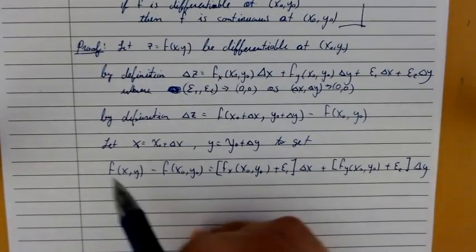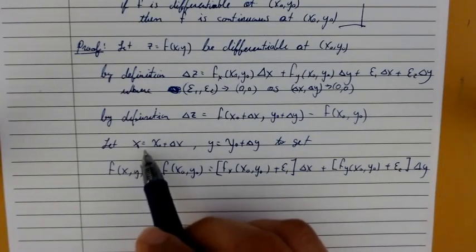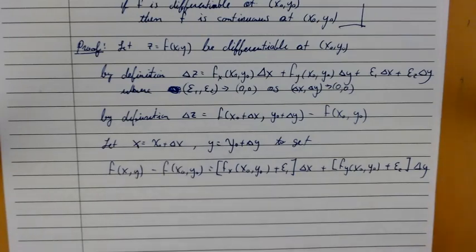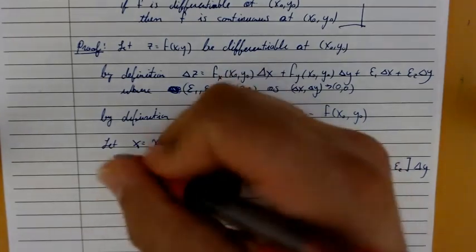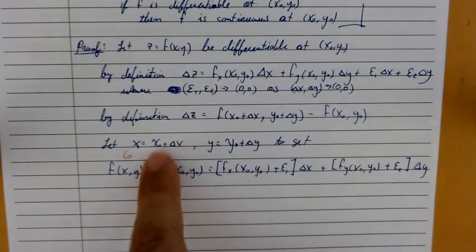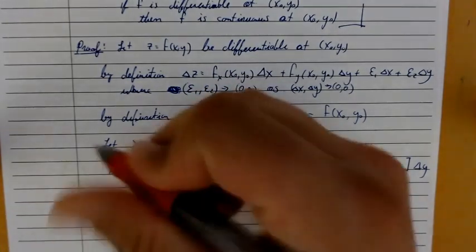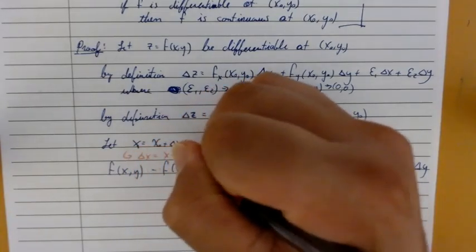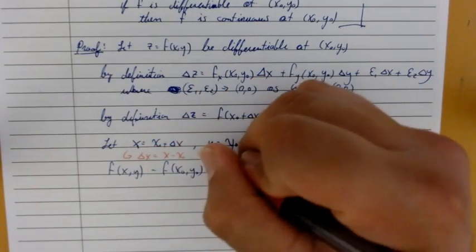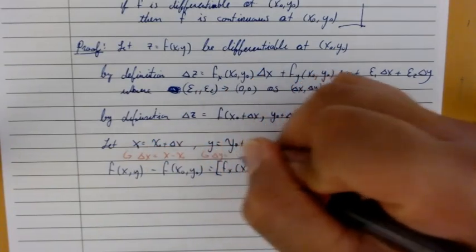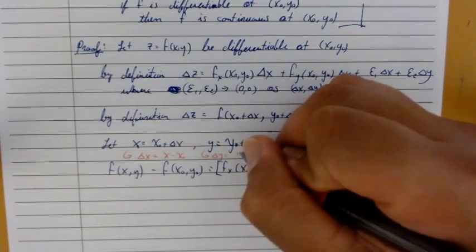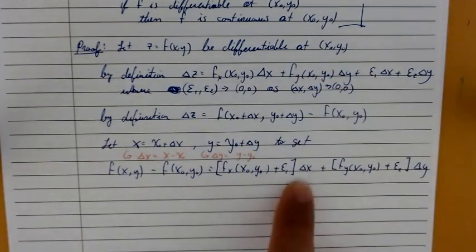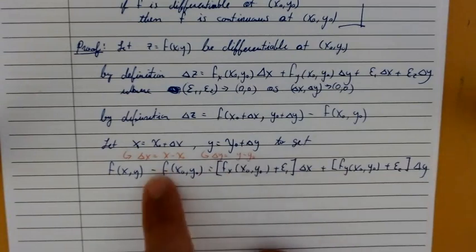But now notice here, given our substitution, x equals x naught plus delta x, I could solve for delta x. I could simply take the x naught and move it over to the other side, and that would be delta x equals x minus x naught, and likewise delta y equals y minus y naught. So that delta x and that delta y can be replaced by those two expressions.